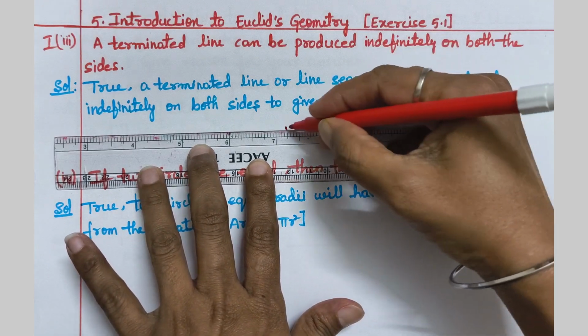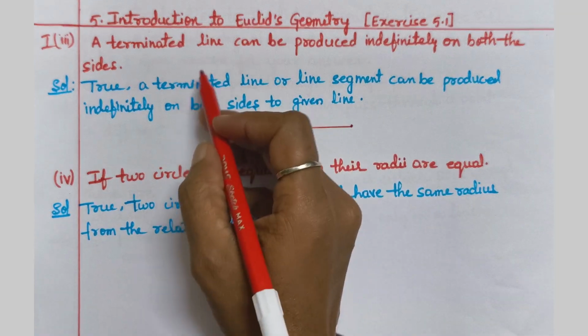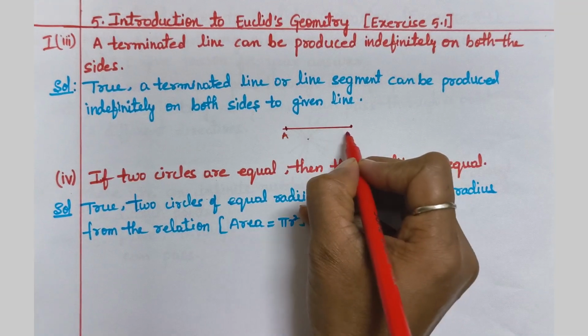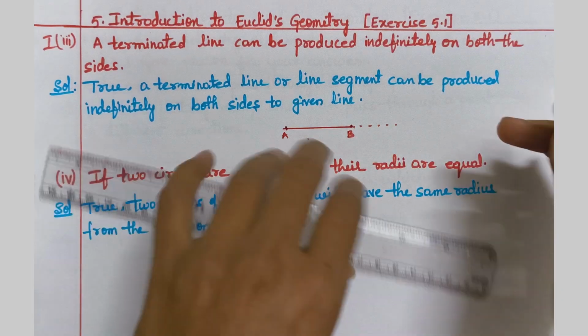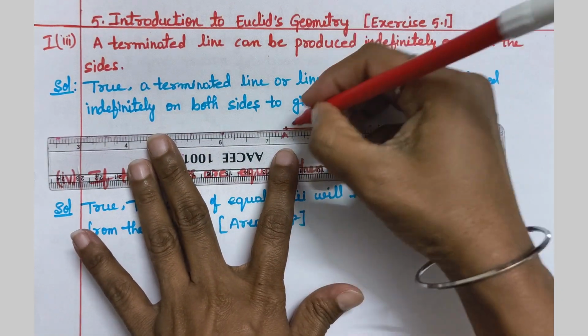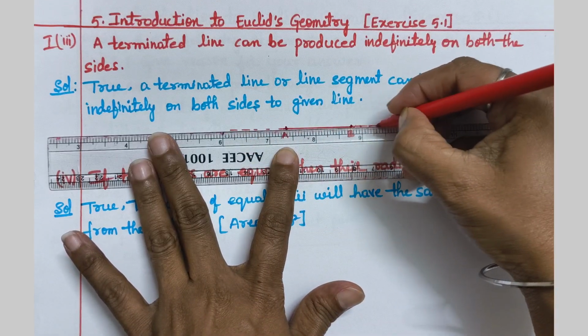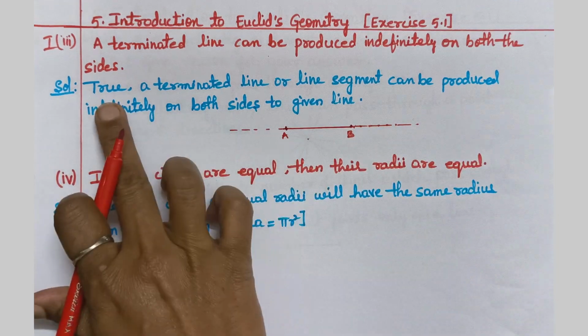A terminated line can be produced indefinitely. I am taking one terminated line AB. You can extend it indefinitely on both sides. You can extend this side also, and this side also. So this is true.